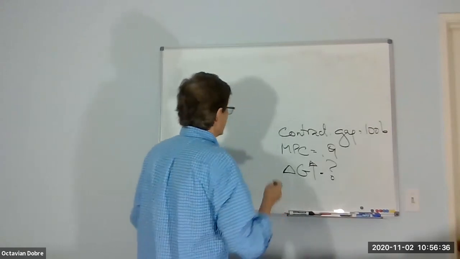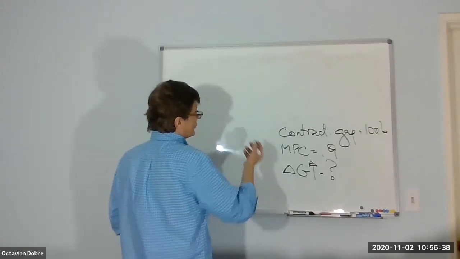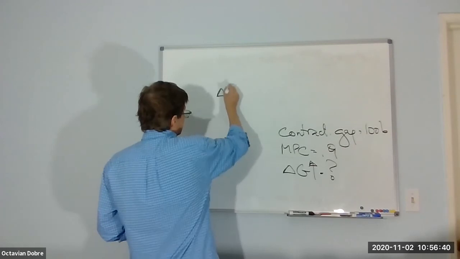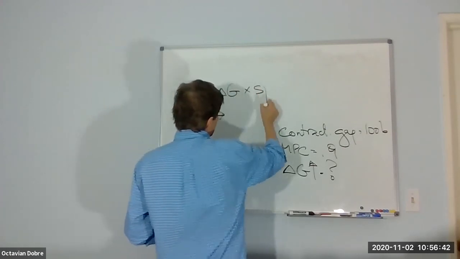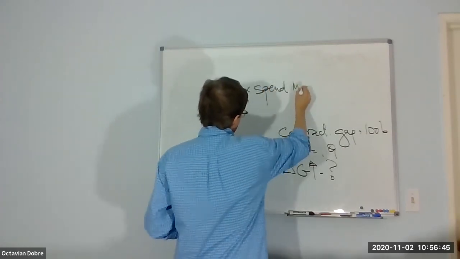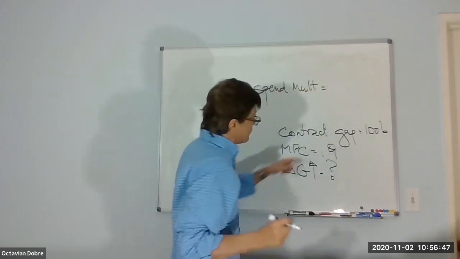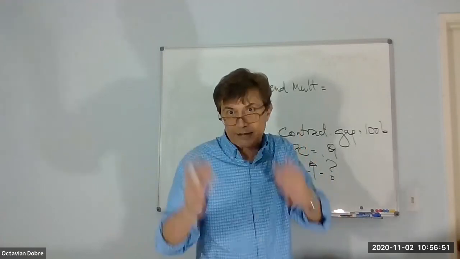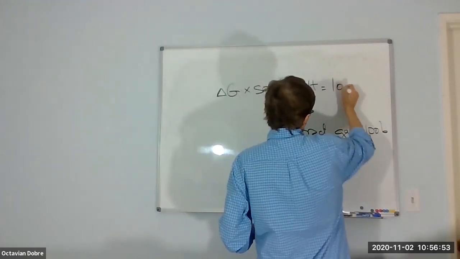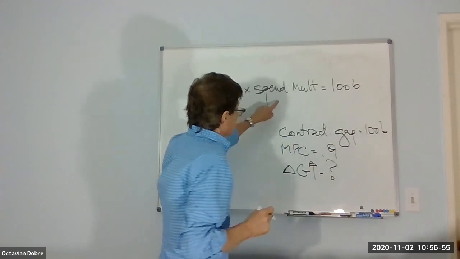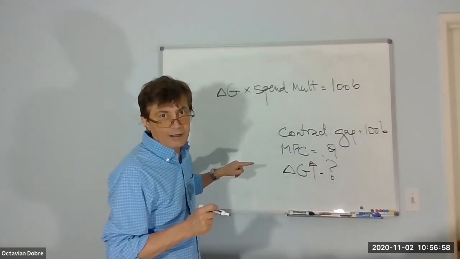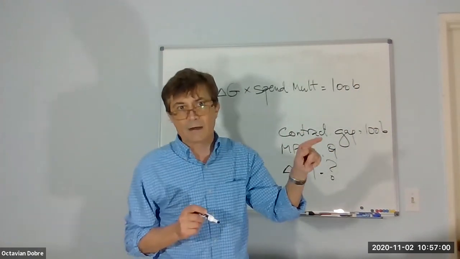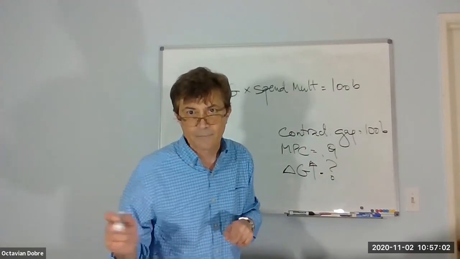10 billion, right. Because remember, you then say something like this. The change in government spending times the spending multiplier has to be equal to, we need to raise the GDP by $100 billion, the size of the gap. So it's equal to 100 billion. The spending multiplier I can calculate using the formula 1 divided by 1 minus MPC, right?